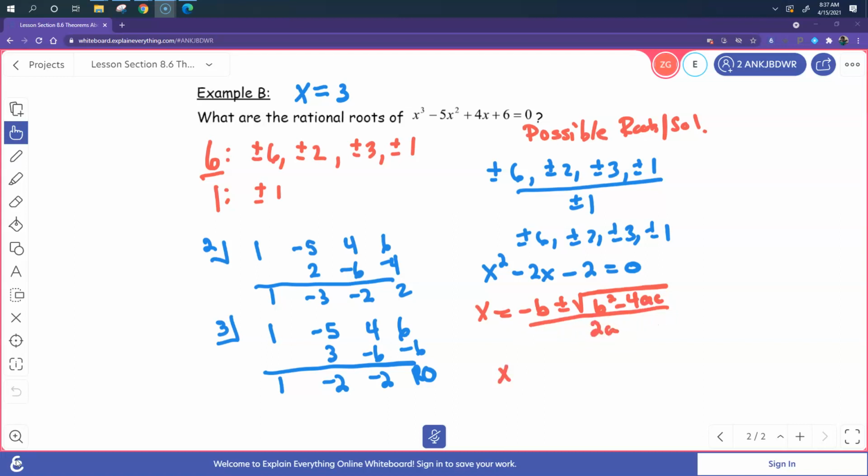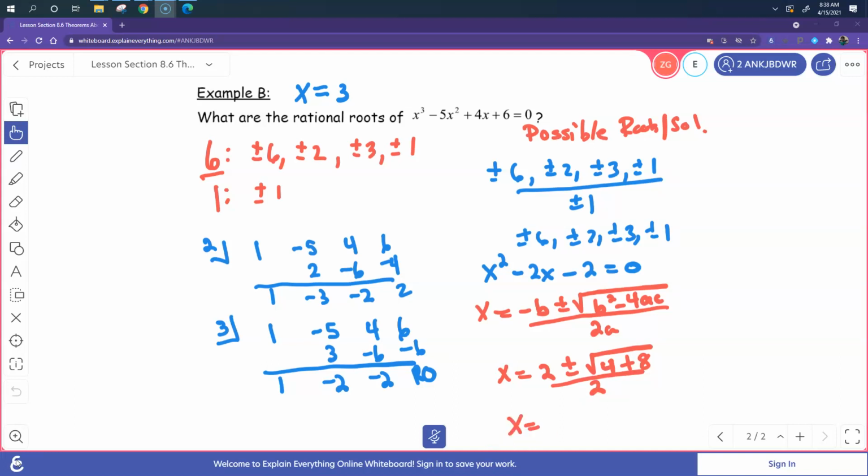So I'm going to substitute. b is negative 2, so it's 2 plus or minus the square root. Negative 2 to the second power is 4. So I have 4 times 1, which is 4, times c, which is negative 2, so it's negative 8. 4 minus a negative 8 gives you positive 8, so 4 plus 8, divided by 2 times 1, which is 2.